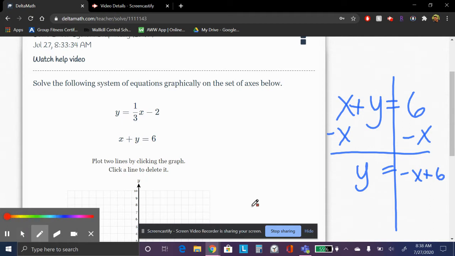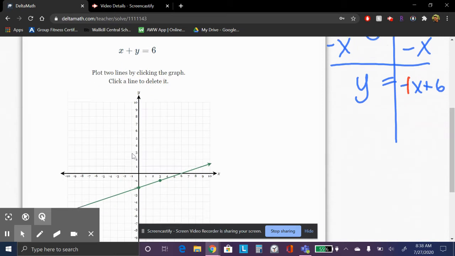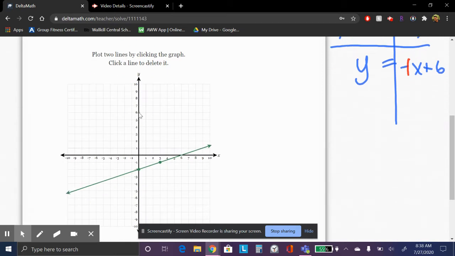So the point that I'm starting at is 6, but my slope is, remember there's an invisible 1 here, so it's going down 1 to the right 1. On my graph, I start at 6 and go down 1 to the right 1.